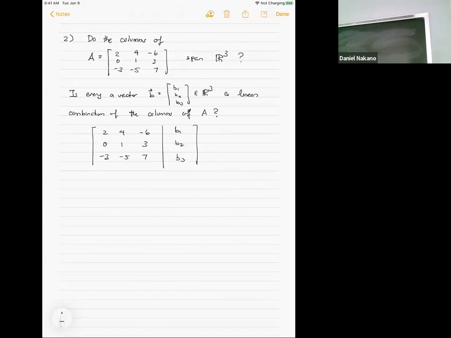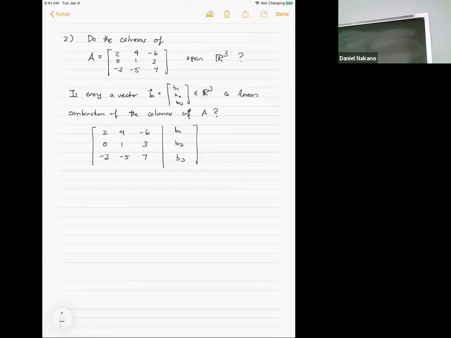Okay, so I don't know what B1, B2, and B3 are, but what I could do is use primes or something like that to indicate that, or else I can write things out. But let's just do this anyway. First of all, we don't have to do anything to the second row.